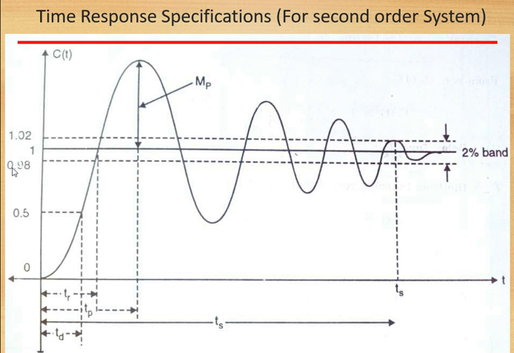If it is a minus error, it is 0.98, and if it is a plus error, it is 1.02. So it is a 2% band, and the response will stay within the 2% value after the settling time, which is called TS. In short, TR, TP and TD, these are the settling parameters we can say. So it comes under this point only, that is TS.